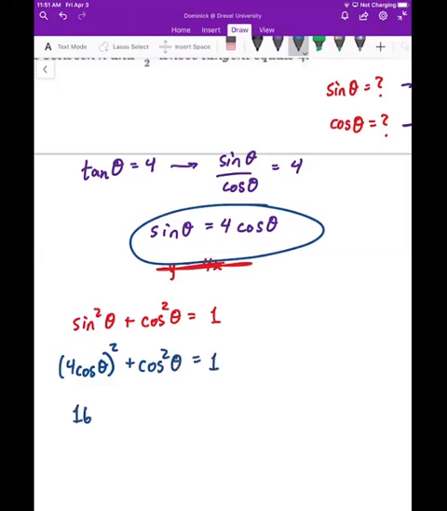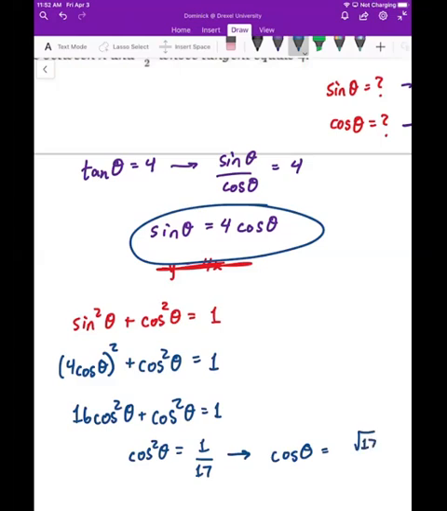So this will give me 16 cosine squared plus cosine squared is equal to 1. If I add these two, I'll get 17 cosine squared. So I'm going to divide both sides by 17. And then when I square root both sides and rationalize, I'm going to get that cosine is equal to square root of 17 over 17.